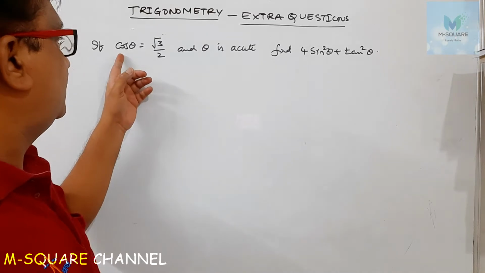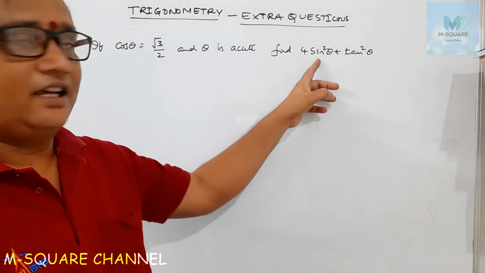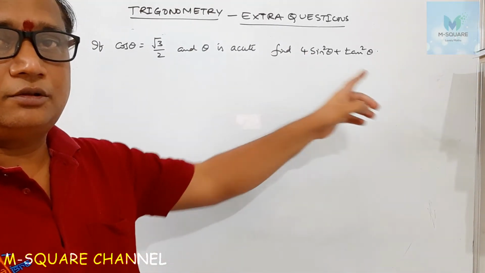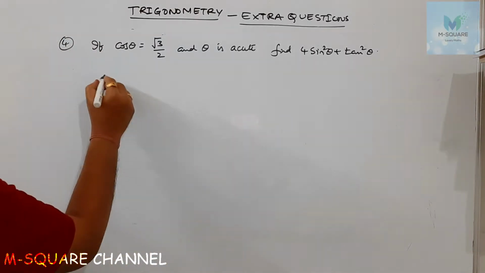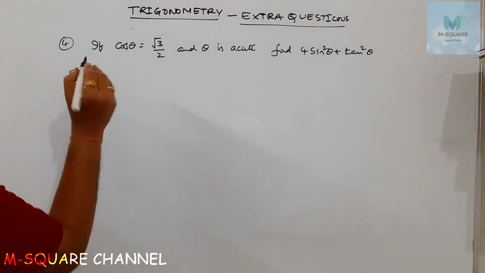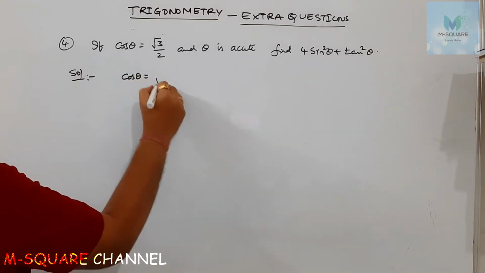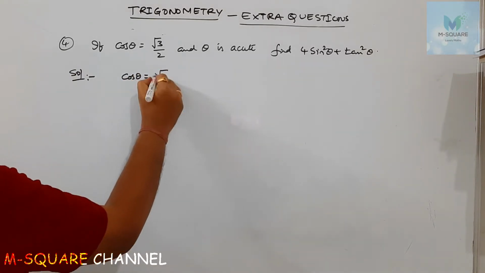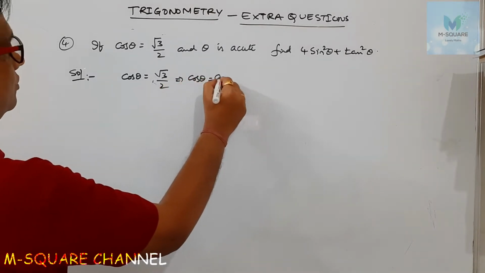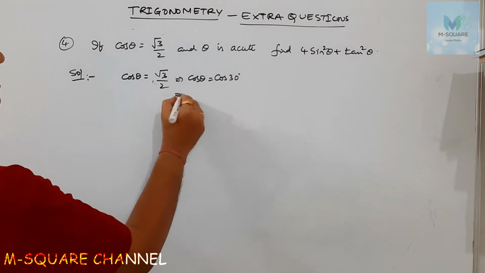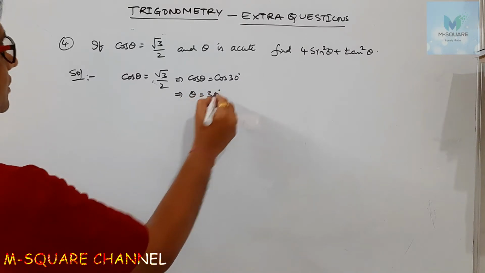Another method is take the cos theta, find the sin theta, and sin theta by cos theta equal to tan theta. That method is also there. So please see in this solution, cos theta equal to root 3 by 2 means cos theta equal to cos 30 degrees. So theta equal to 30 degrees.